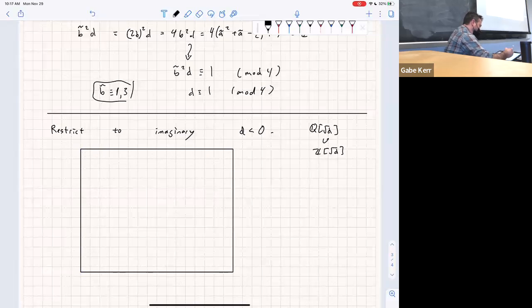So we have 2 cases. We have D congruent to 2 or 3 mod 4.